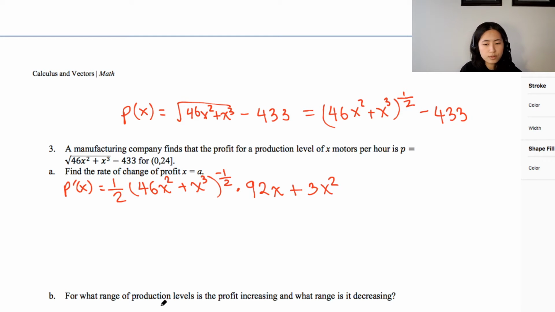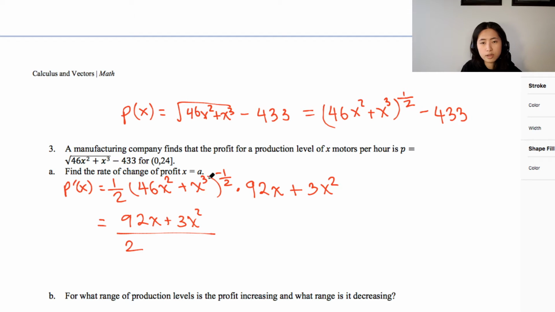Because we need to find when x is equal to a, we need to plug in a whenever there is an x. Maybe we can write this even better. Because this is raised to the power of negative 1/2, you write it as 92x plus 3x squared, over 2.